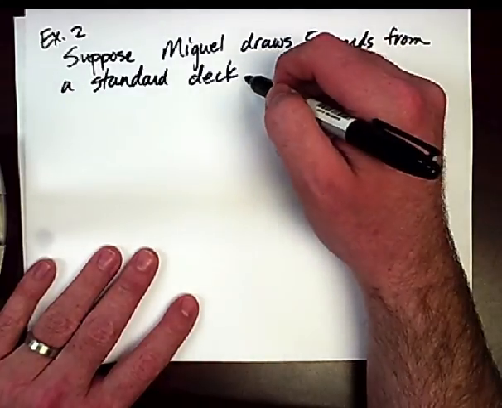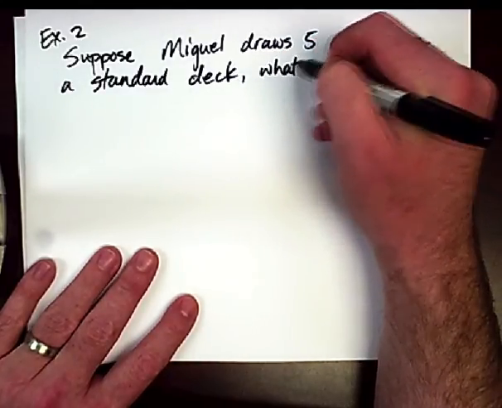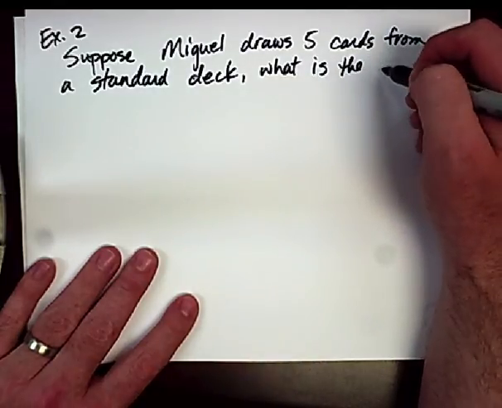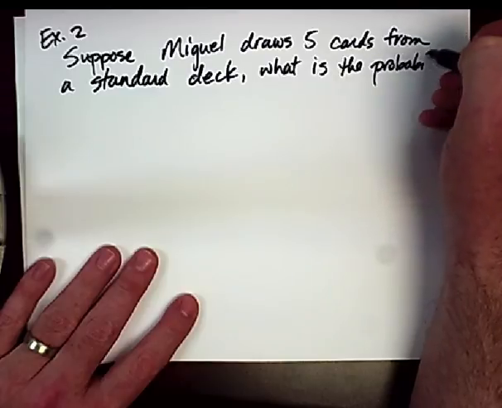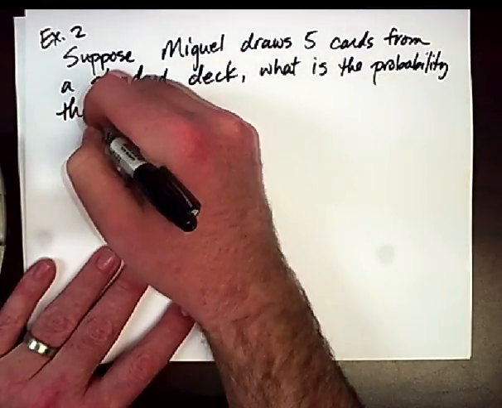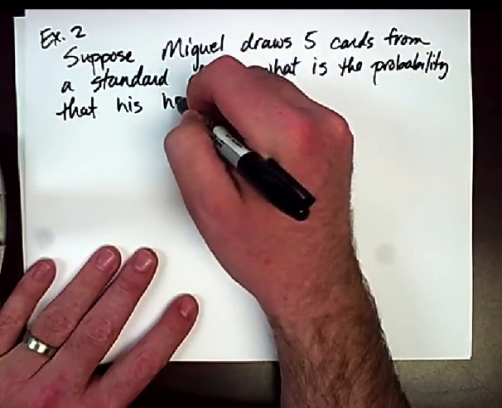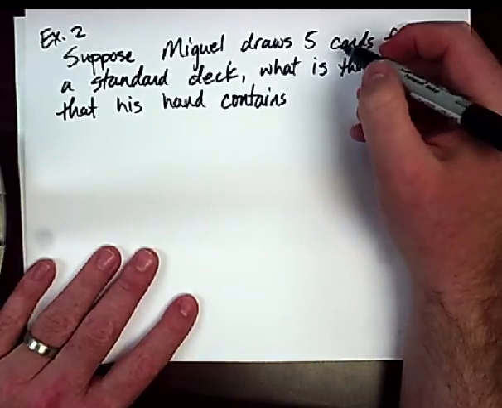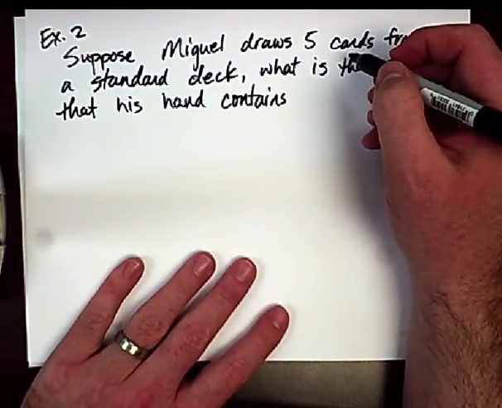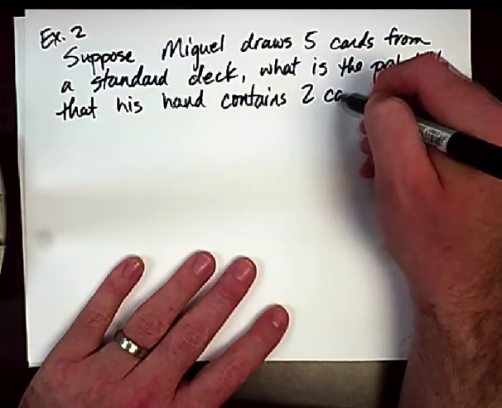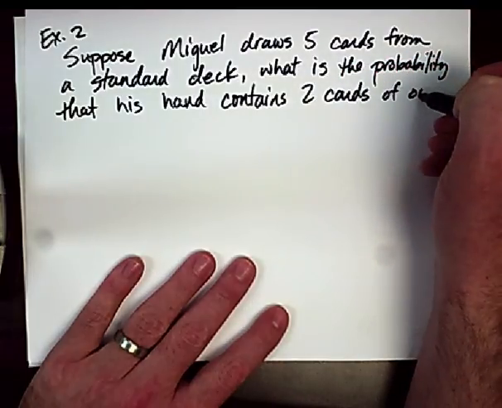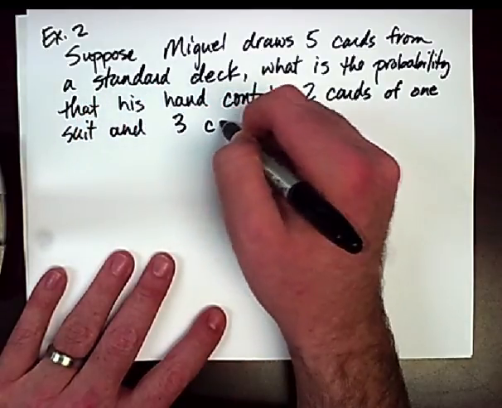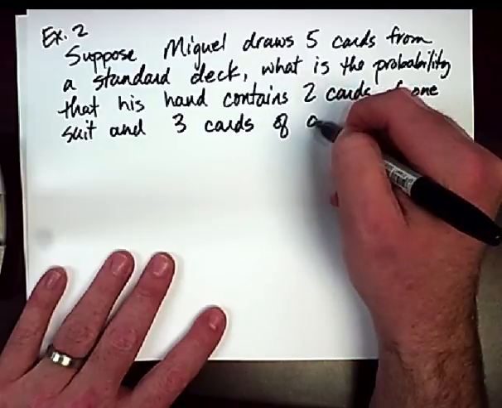What is the probability that his hand contains 2 cards of one suit and 3 cards of another suit?